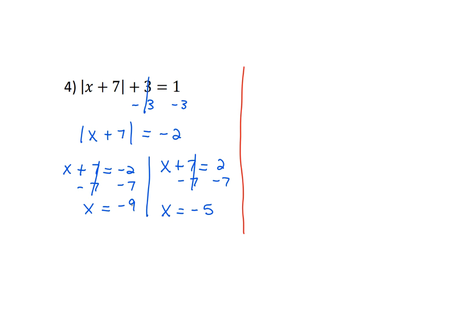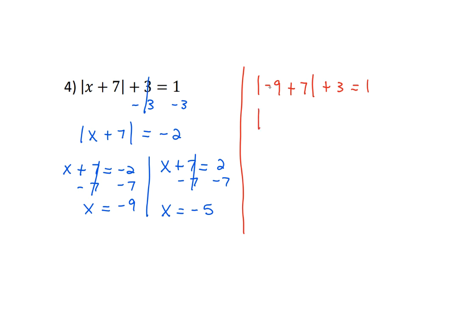To check -9, again, go back to the very original absolute value equation and plug in your solution where x is. So I have the absolute value of -9 plus 7, plus 3 equals 1.